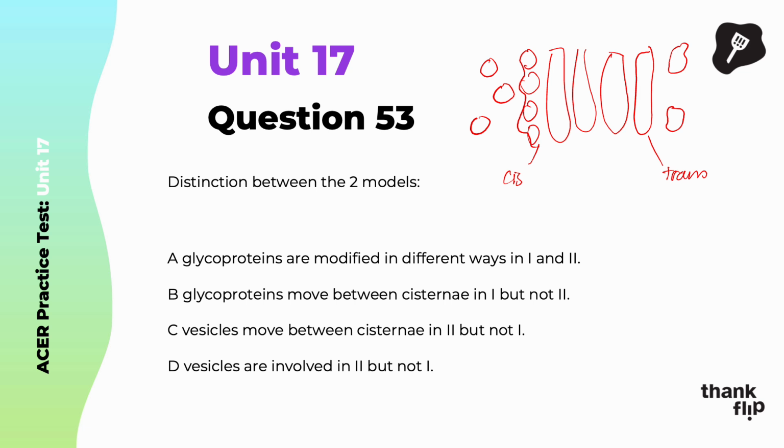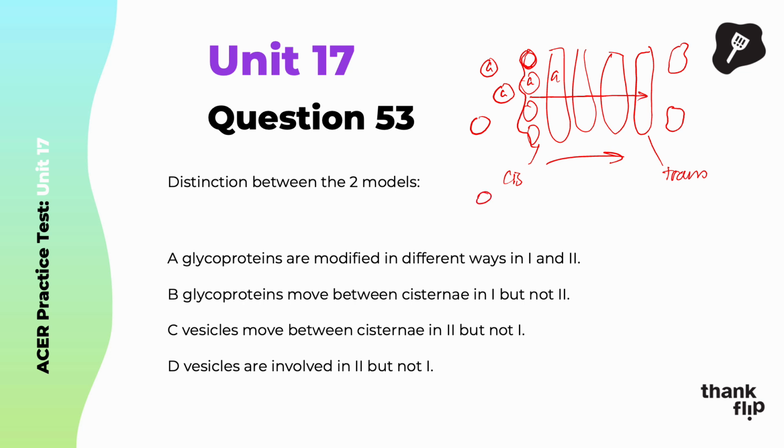So basically, we're told in the paragraph that these vesicles all contain glycoproteins, and they are meant for the passage of glycoproteins through this apparatus, right? So we have glycoproteins here, and in Model 1, they sort of move this way.